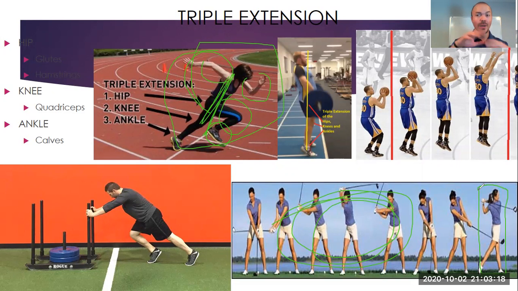We can train all those muscles to help us be sprinters, or we can just do big movements, like maybe a sprint or a prowler push, and that's going to help us produce and be more effective in that triple extension as well. You may want to bring in sprinting for non-sprinting athletes, for the reasons that we've talked about earlier.